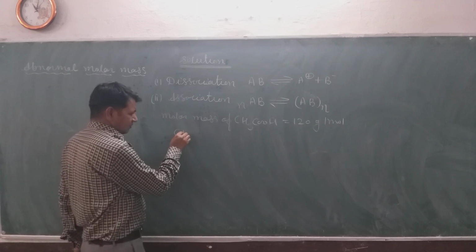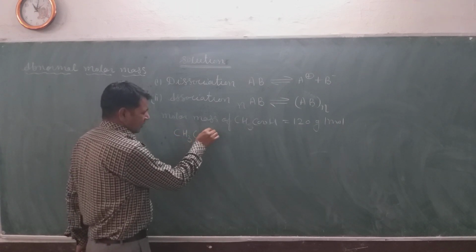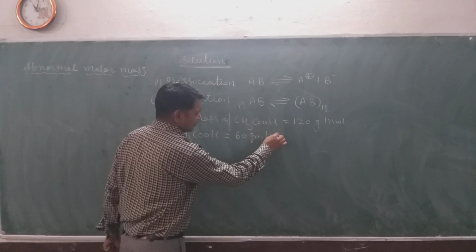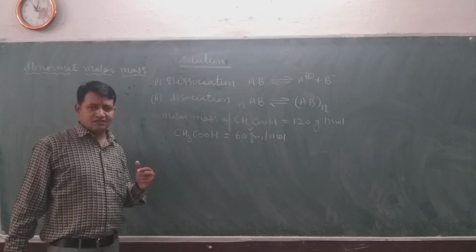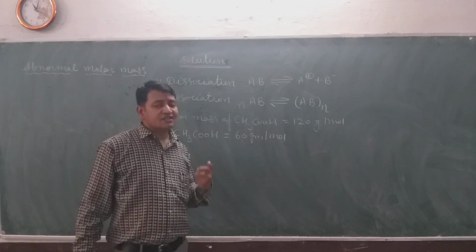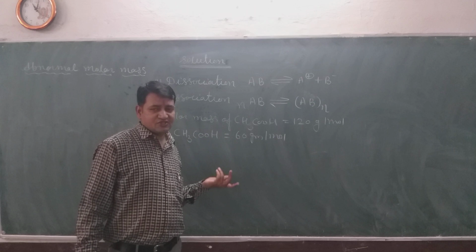But in actual fact, the molar mass of acetic acid is 60 grams per mole. So this incident triggered him to find the reason behind it.